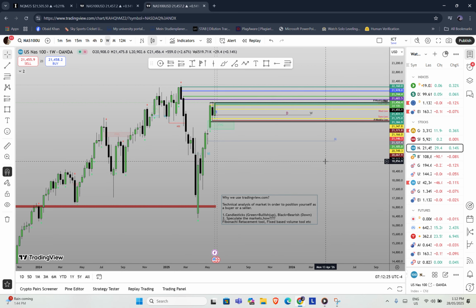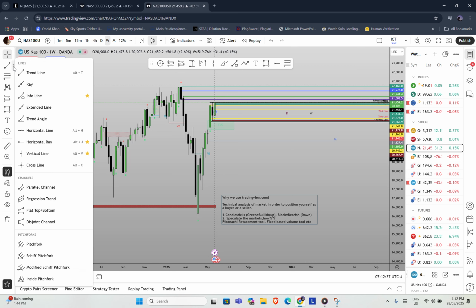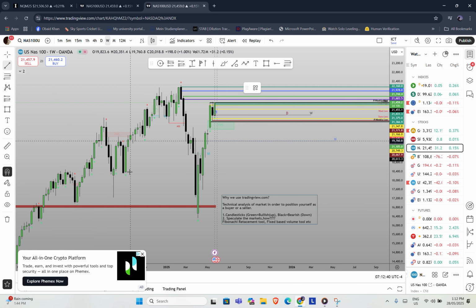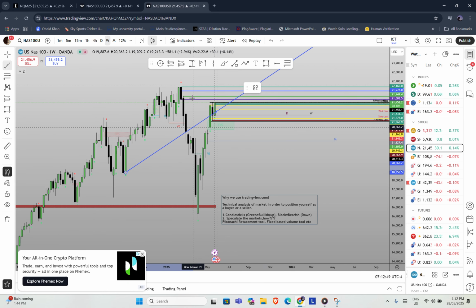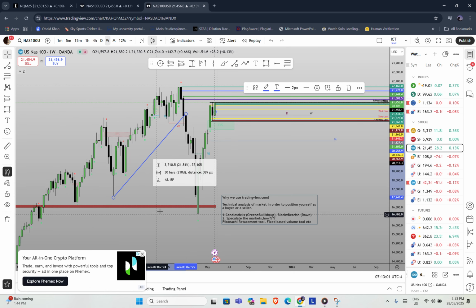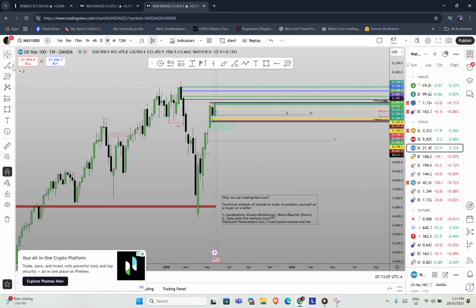What I mean by Fibonacci, this section of the chart or of TradingView has different markings. For example, this trend line, you can just draw it in order to show you the trend line, whether the market is going up or below. Ray is also doing a similar thing, but if you are targeting a longer trend, for that it's quite useful. This is the information line. The information line shows you how much distance it covered, what the price range was.